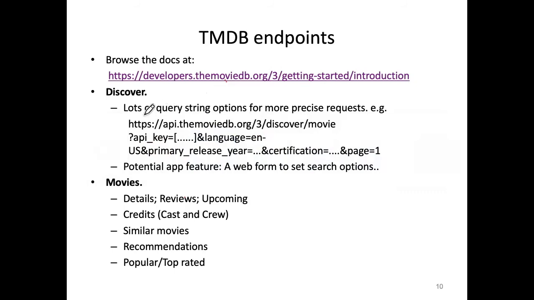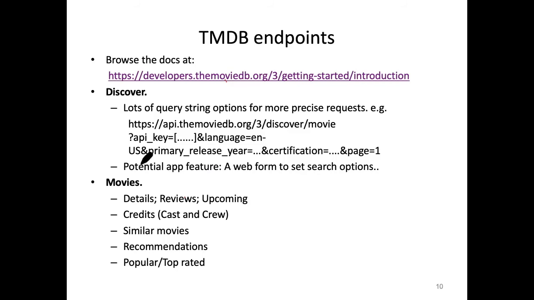So a really nice feature, for example, would be if you had a page that was just a web form, and the various fields on that web form would allow you to configure the query string for the discovery request that you're about to make. Some of those fields on the web form would be drop-down lists. There wouldn't be free text.